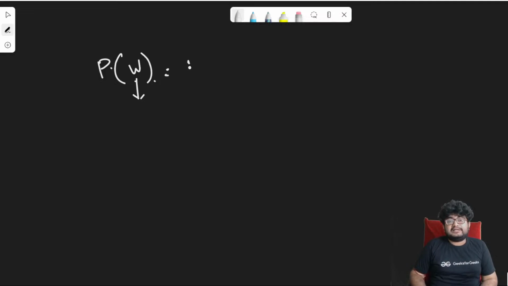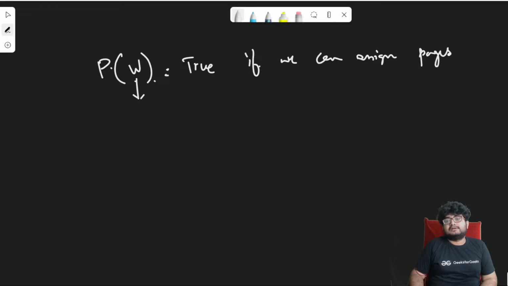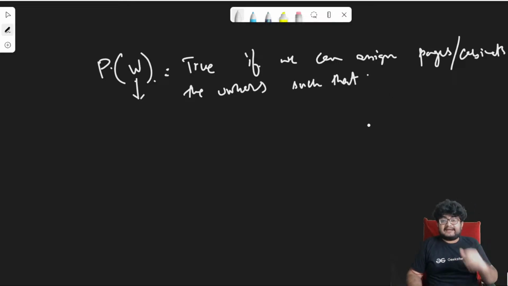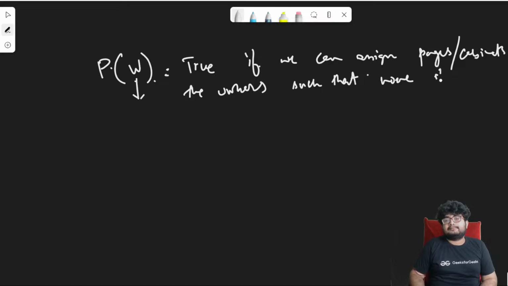So predicate of W is true if we can assign cabinets to the workers such that none of them sees more than W pages.